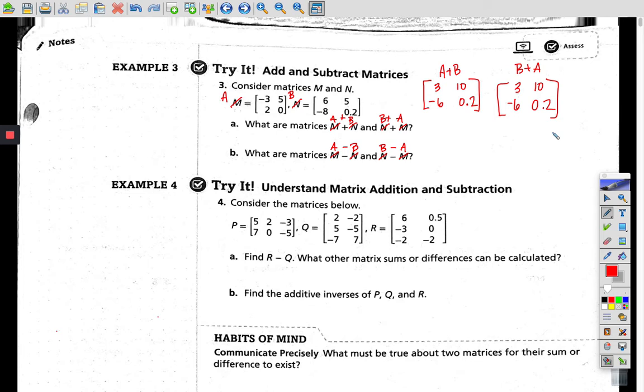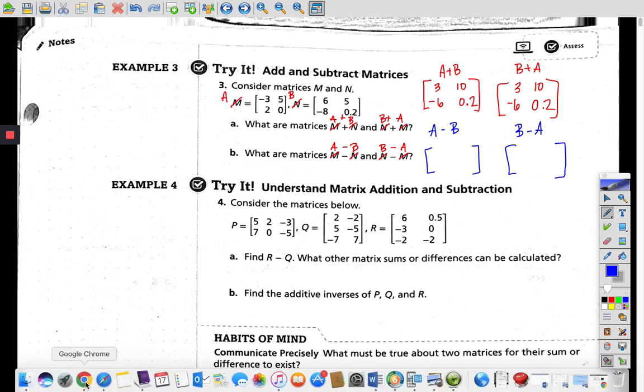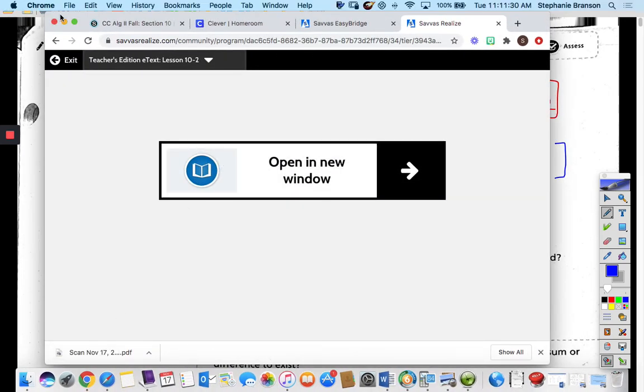All right, now what they want us to do is subtract A minus B and B minus A. So again, we're using those same matrices, so we don't have to edit anything. I keep hitting the wrong thing.